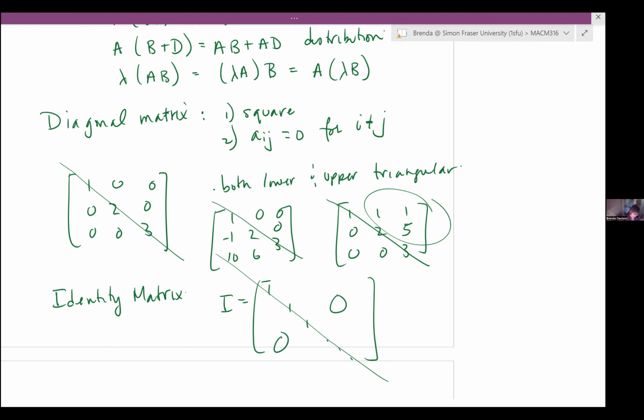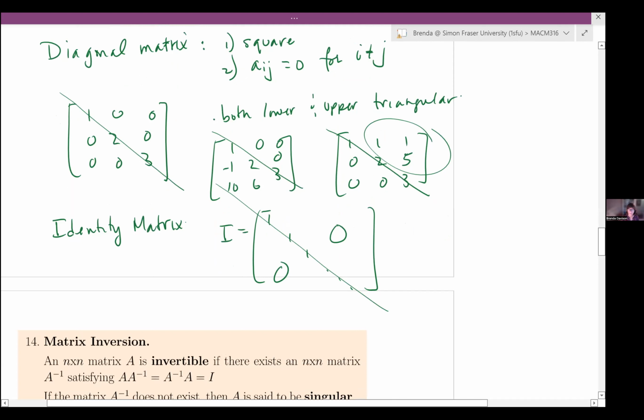This is like the number 1. This is the multiplicative identity element, and it works like the number 1. If we take A times I, we get A, and if we take I times A, we also get A.